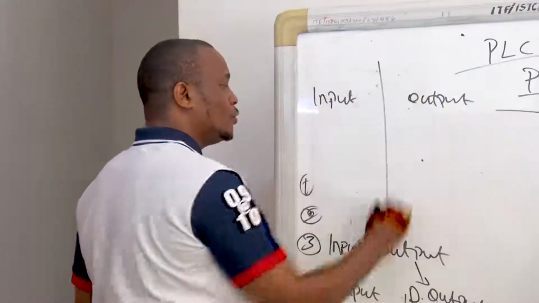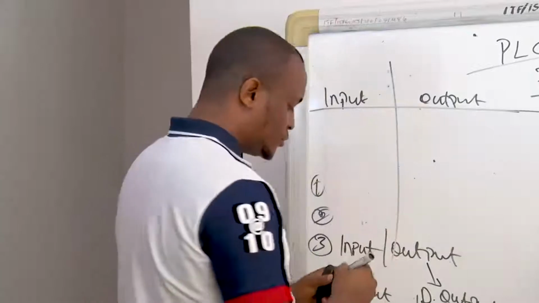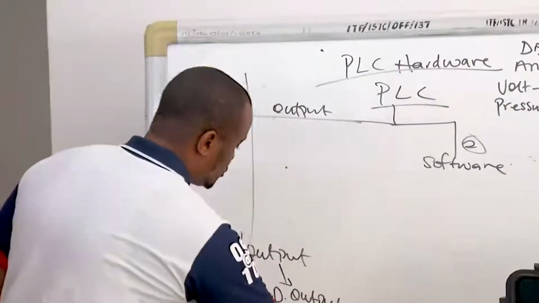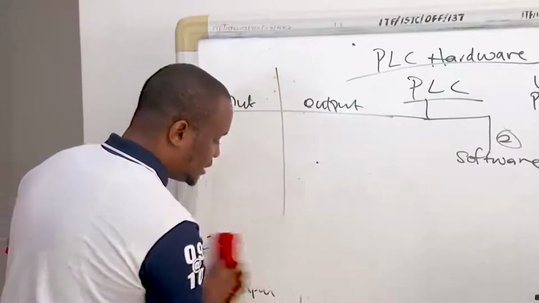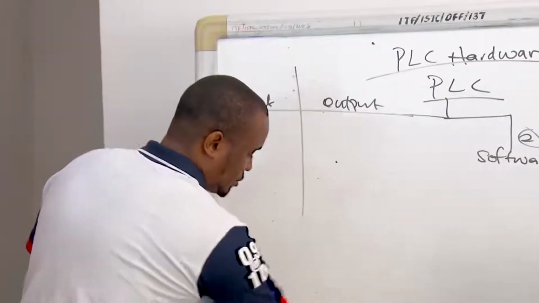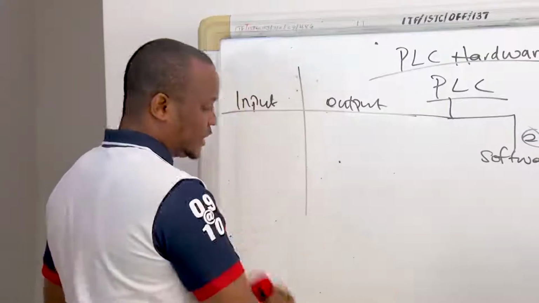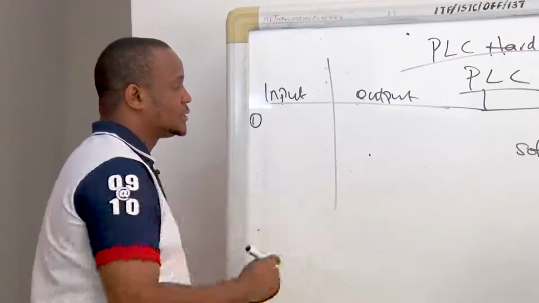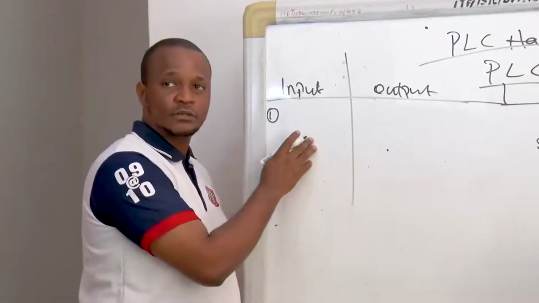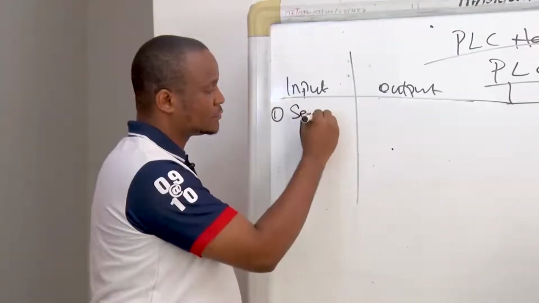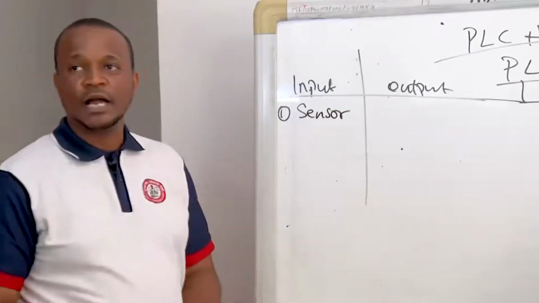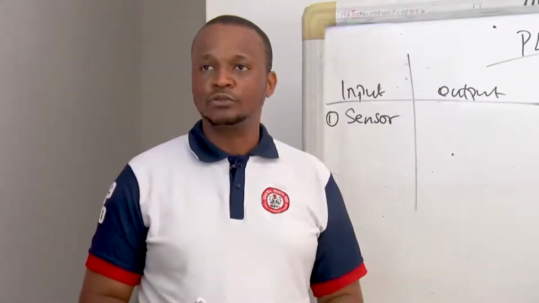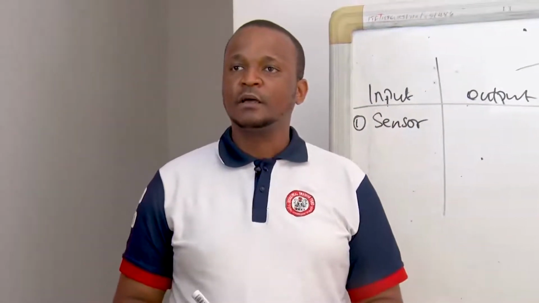Because when we don't know which are the input or output, we can take the output device and connect it to the input device, and then something goes wrong, or we will not get the required signal or desired result that we want. Number one is we have sensors. Sensors are part of the input devices.